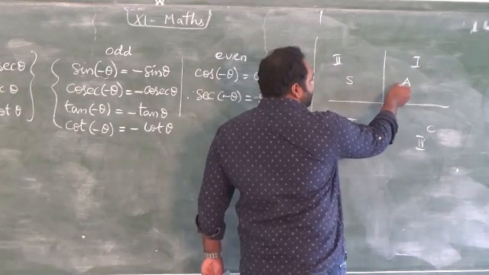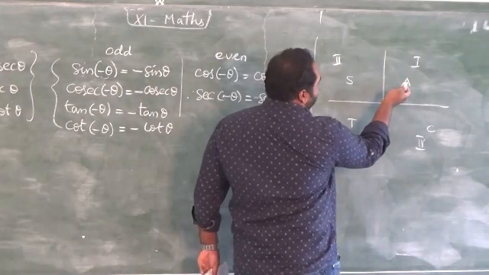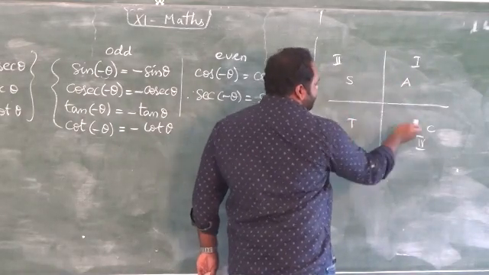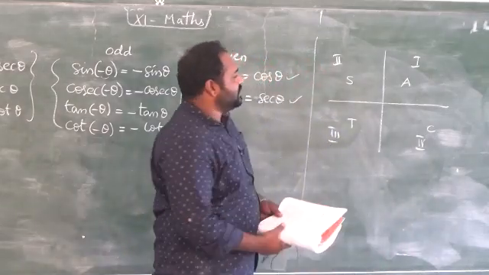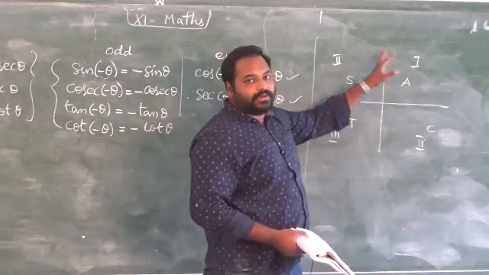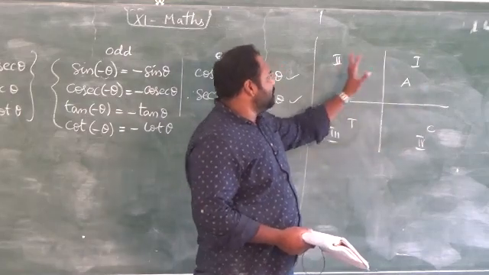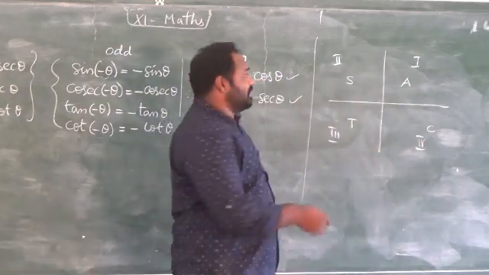This can be remembered with the phrase: all silver tea cups. If you use this sentence, you can very easily remember the positive values in different quadrants.